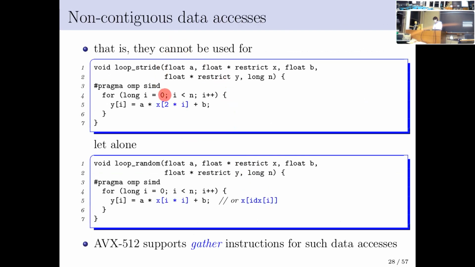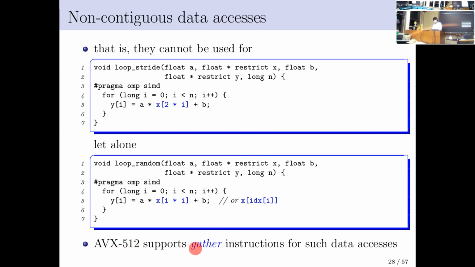And if a loop accesses arrays in this way, non-contiguous access, iteration 0 accesses x0, the next iteration accesses x2 rather than x1, so 0, 2, 4, 6. This kind of loop is already somewhat tricky to vectorize. Again, it's not that the CPU doesn't have instructions for doing this.